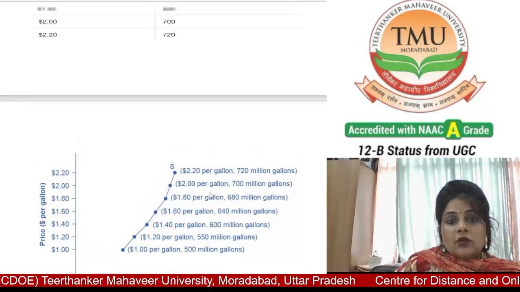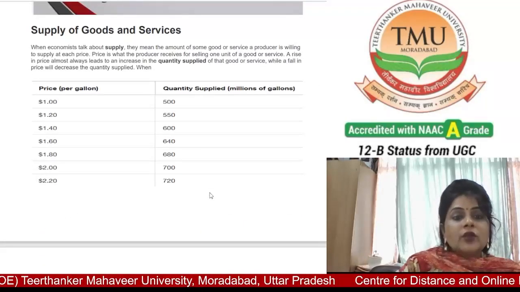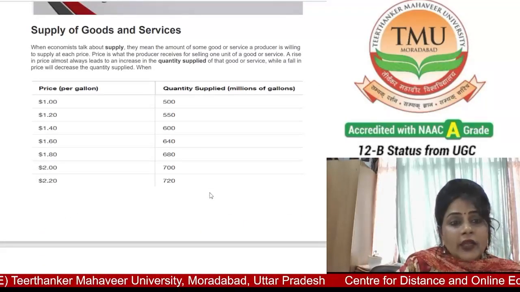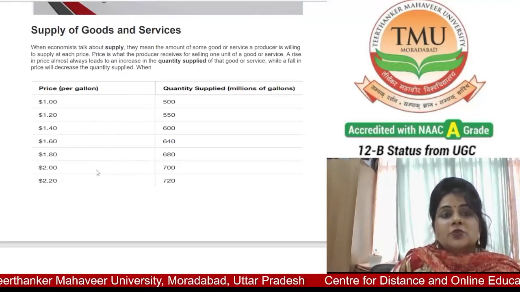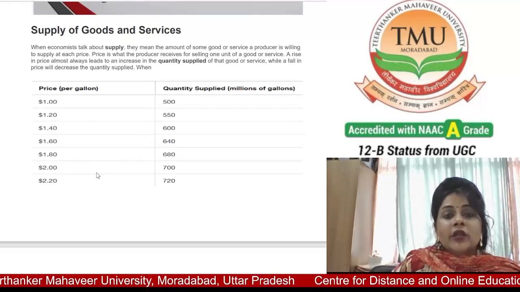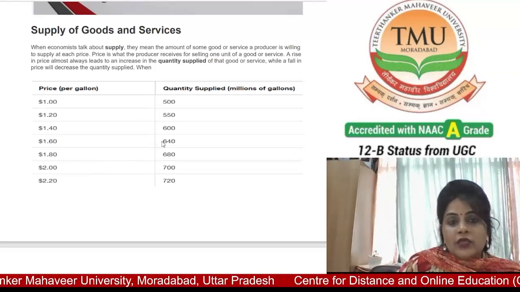The supply schedule is the table that shows quantity supplied of gasoline at each price as price rises. You see here, as price rises, quantity supplied also increases, and vice versa.